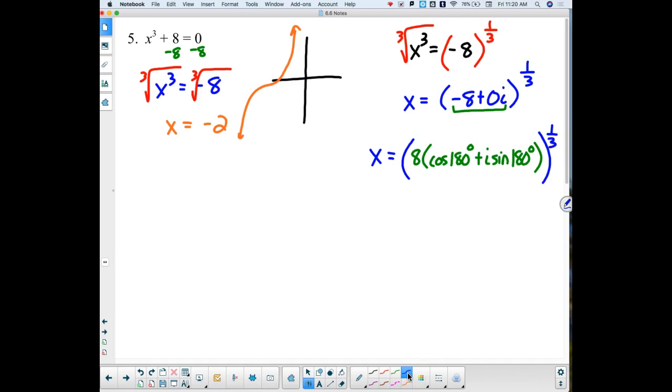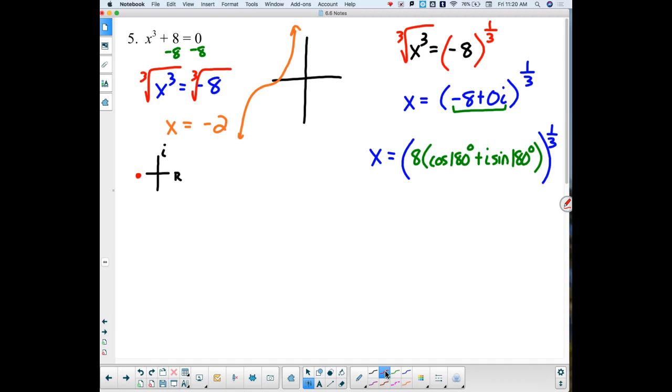Everybody agree with that? Why is it 180? Really, it's not even in any quadrant, right? Because if I go on my real and imaginary axes, that puts me straight out 8, which has an angle of 180 degrees. Okay, because it's on the real axis in the imaginary plane.